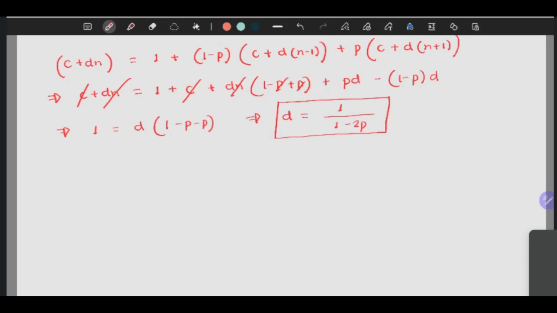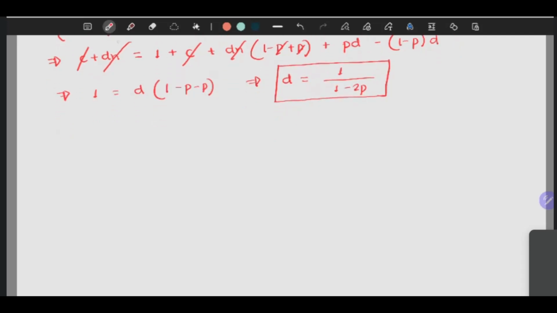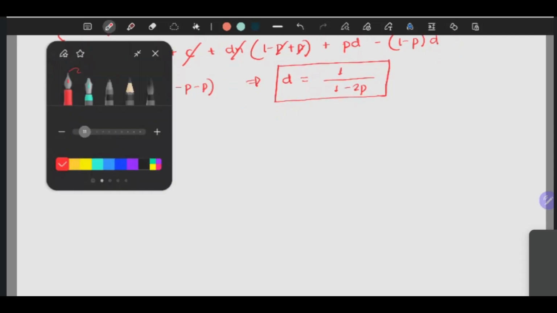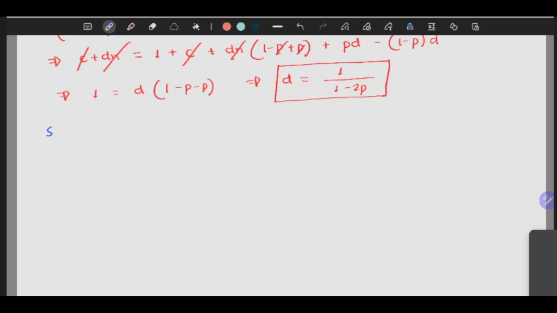Now since c is a constant, it is arbitrary.